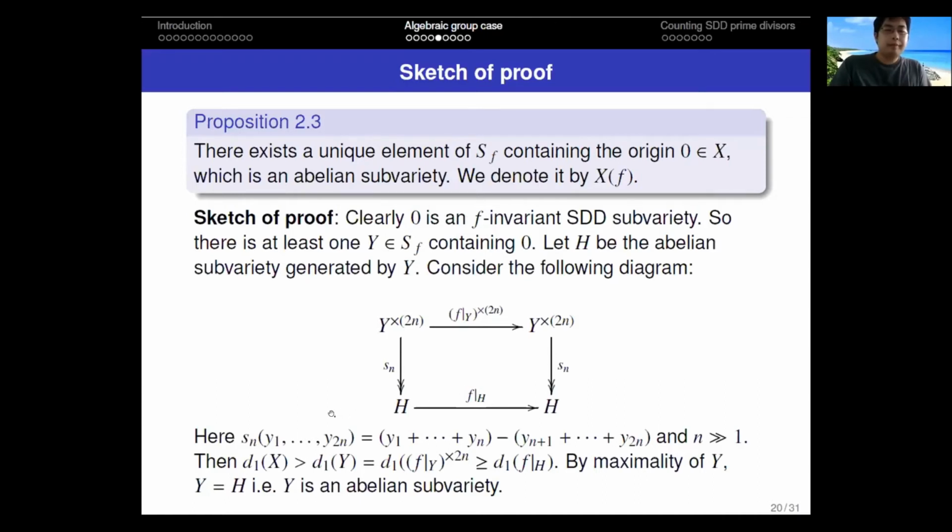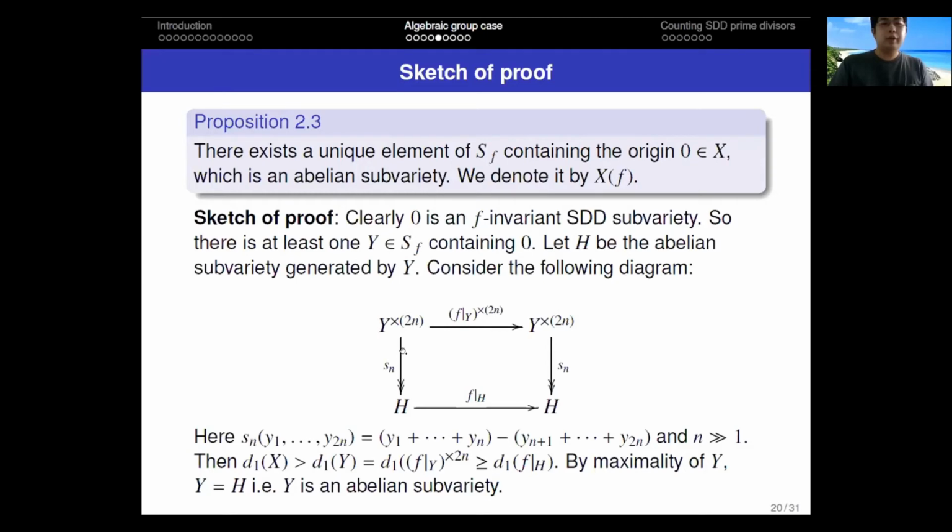And then, d1 of F is larger than d1 of F restricted to Y because of the definition of Y. And now taking the power of the self-map doesn't change the dynamical degree, so it is equal to d1 of F restricted to Y to the power 2n.